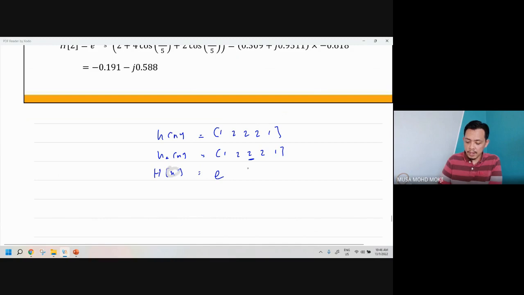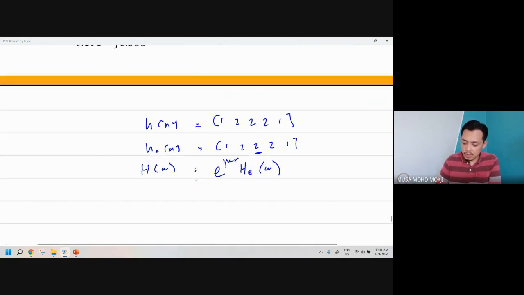Let's do the omega first so that we can see the original formula. H omega is e to the j omega nd times He of omega.